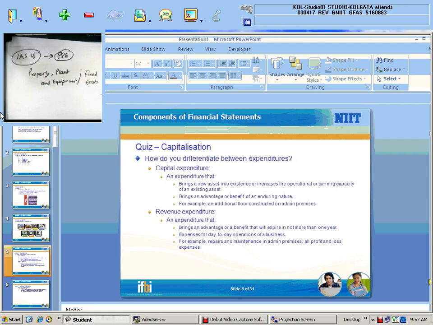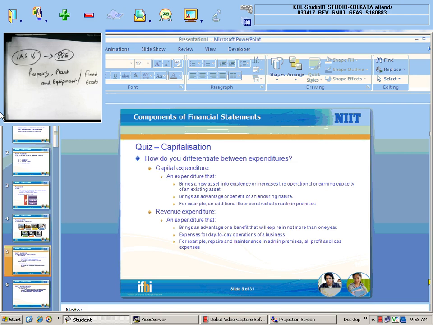So the operational capacity may get increased due to that, or even the earning capacity of the entity may get increased due to this addition of space. Revenue expenditure is an expenditure that brings an advantage or a benefit which will expire in not more than 1 year. That is the difference between a capital expenditure and revenue expenditure.